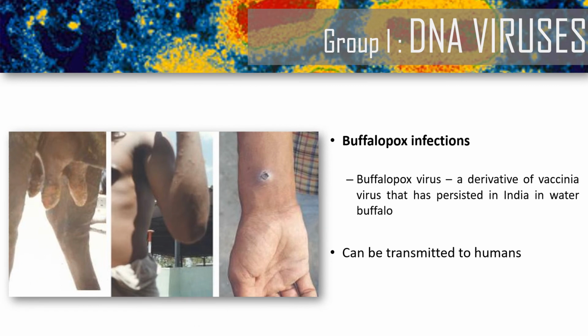And we also have your buffalopox infection. Okay, buffalopox virus, a derivative of vaccinia virus that has persisted in India in water buffalo. Yan. So again, it can be transmitted to humans via direct contact. So we don't know the culture in India, possibly that the virus is transmitted via occupational interactions.